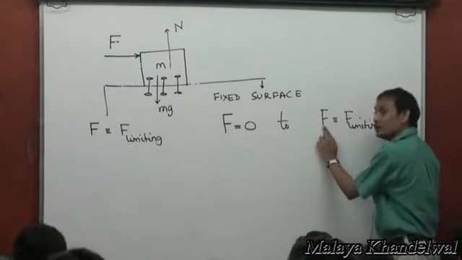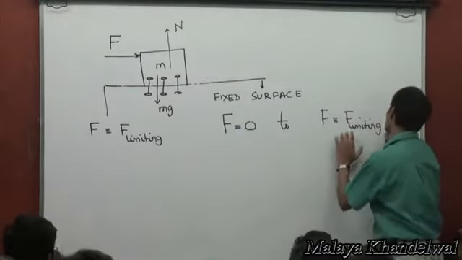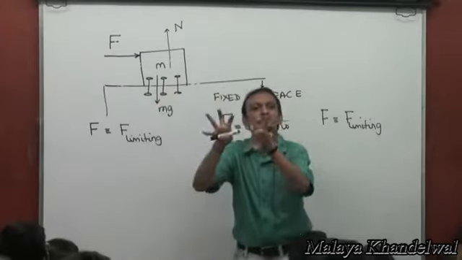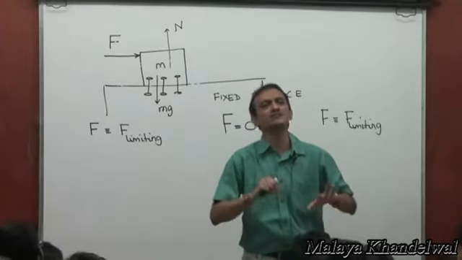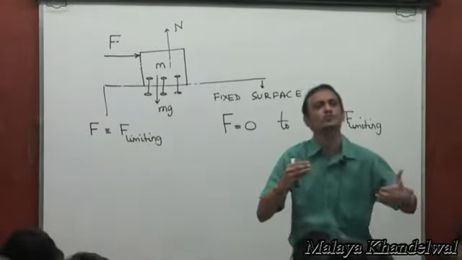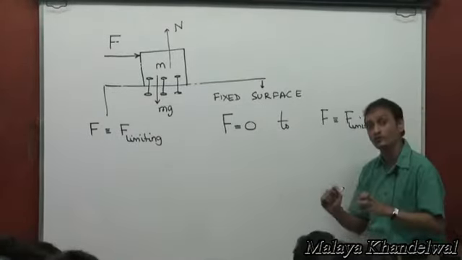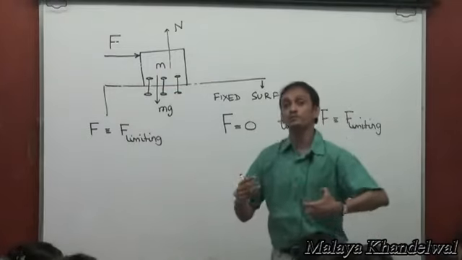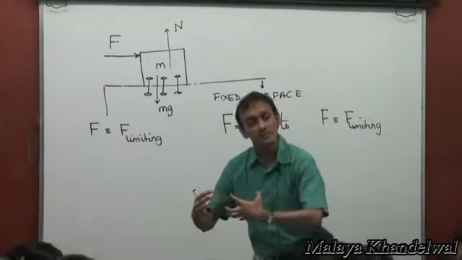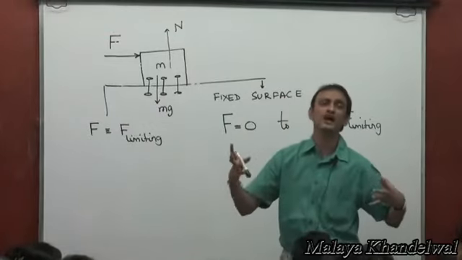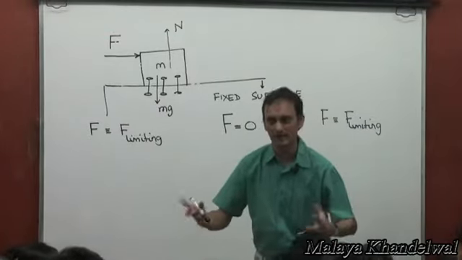The moment the externally applied force exceeds 10 Newtons, the pins begin to rupture, and they can't resist enough to prevent relative motion. That means beyond this value of the externally applied force, the pins give up and they allow relative motion to take place, because the pins would have ruptured by then.